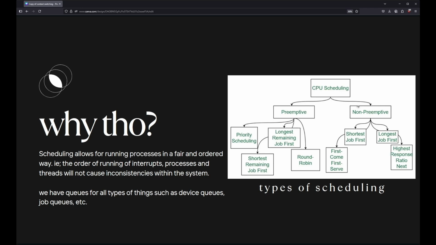We can have things such as device queues. These device queues will contain processes that are currently doing I/O operations, or disk access operations, or hardware accessing. You also have job queues, where these job queues will contain ready processes.